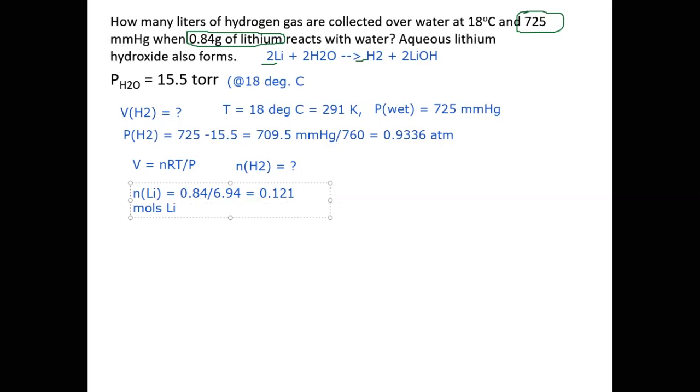Then we can take this and multiply it by the mole ratio, which is 1 mole of H2 for every 2 moles of Li.